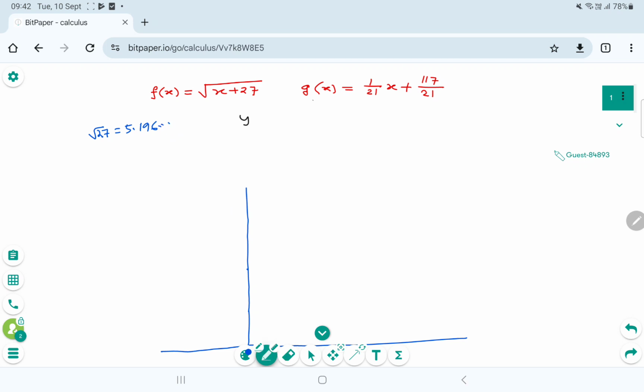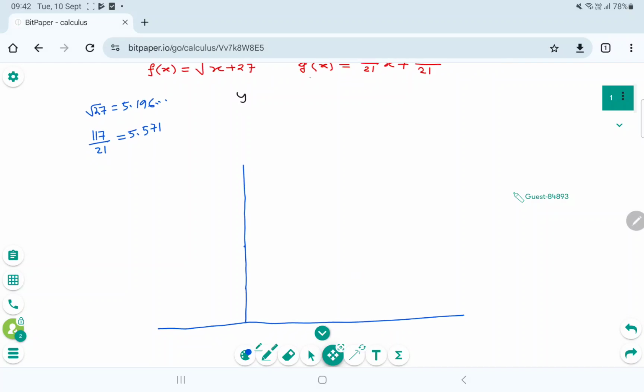And what about 117 over 21? Just I need these two numbers so we can compare those.